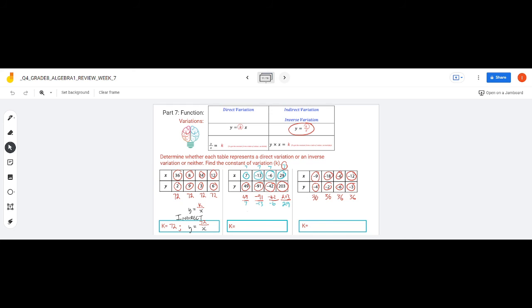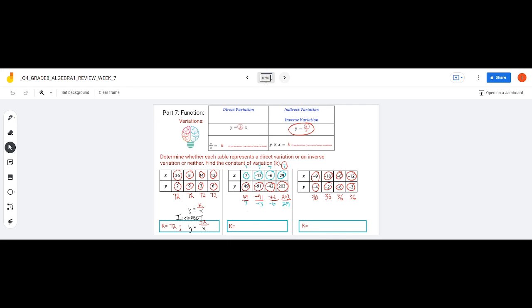If I say negative 91 and I multiply it by negative 13, I also get a weird answer right there.